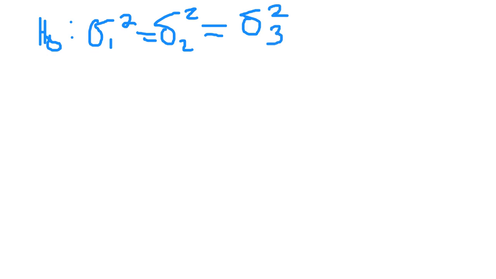That is the first part, guys. H1 will say at least one of the variances differ.